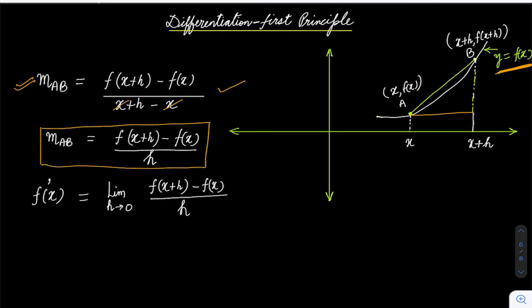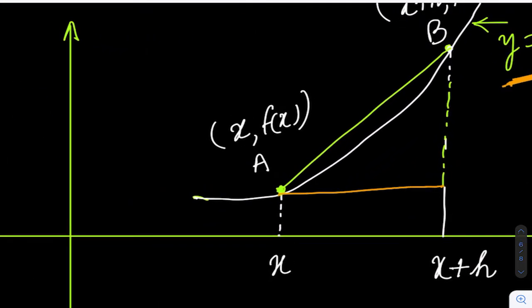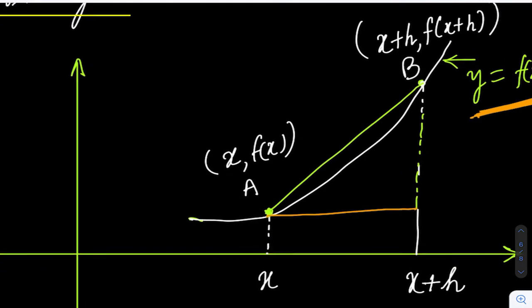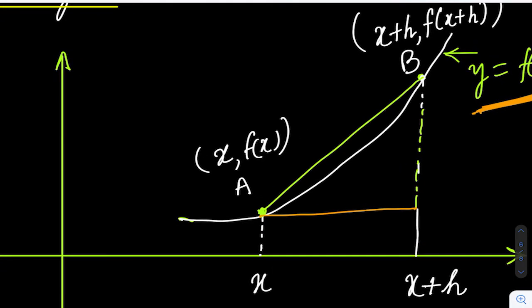After this, you already know this, you have studied it in straight lines. Now let me zoom in here a little bit. If you start decreasing this h, what will happen is, let me take one example. This chord will become like this, and if I further decrease h, my chord will become like this. If I further decrease h, my chord will become like this.